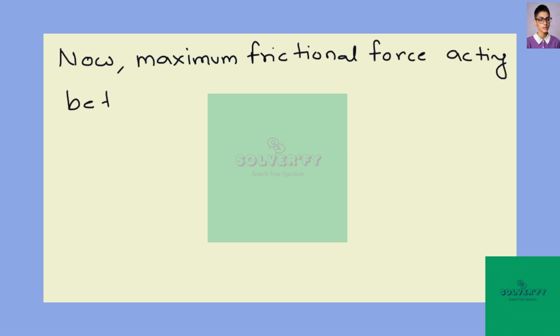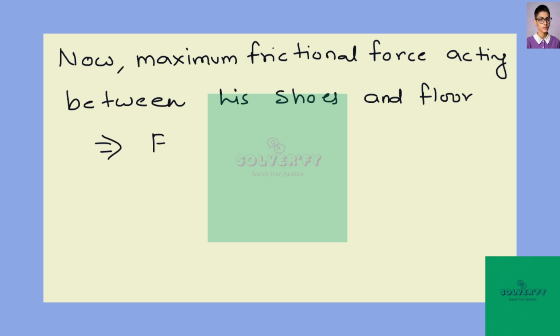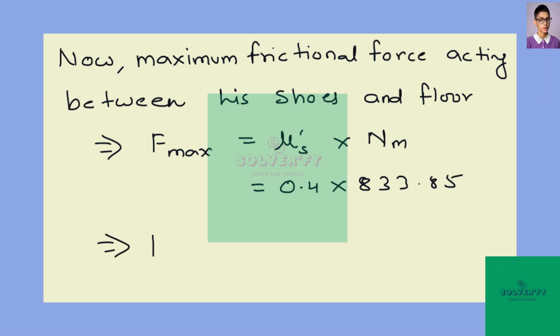Now maximum frictional force acting between his shoes and floor, F max is equal to mu s dash into Nm. So putting the value of mu s dash and Nm, we will get the value of F max as 333.54 Newton.